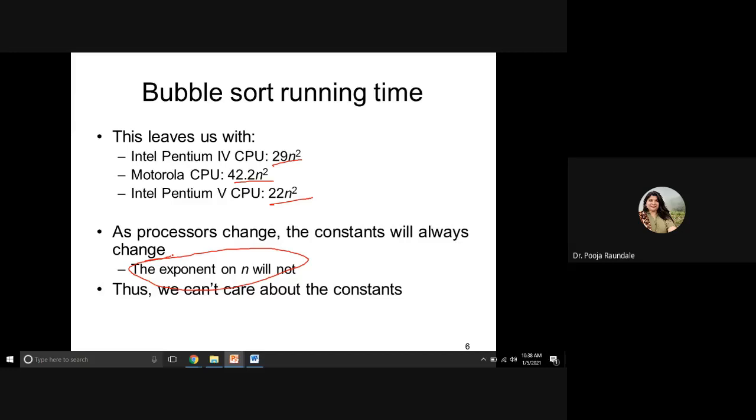It will always be n squared. Thus, we don't care about the constants. We will look at the number n and the exponents of n.